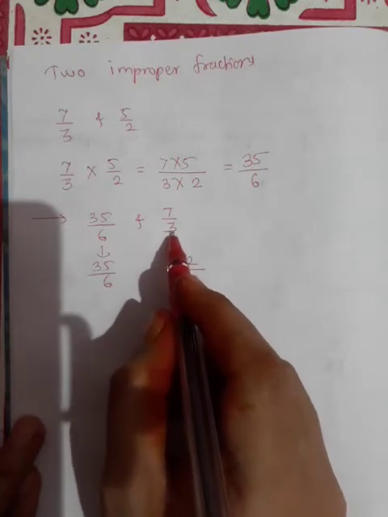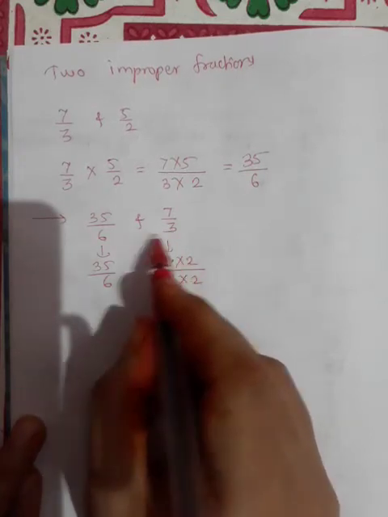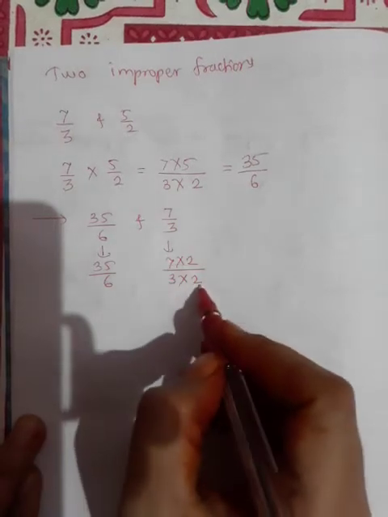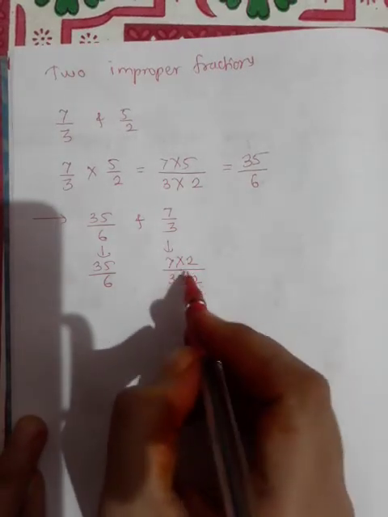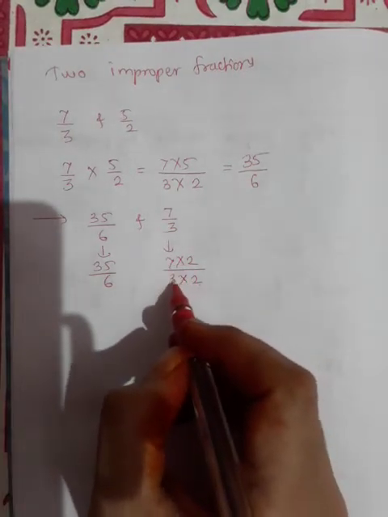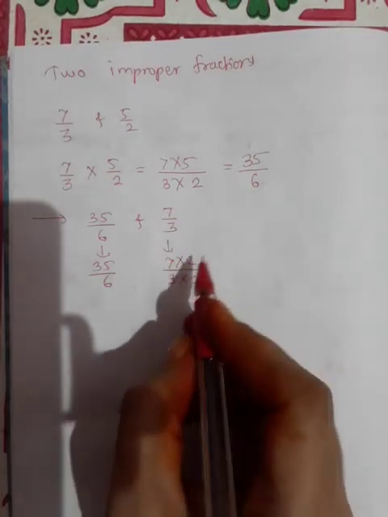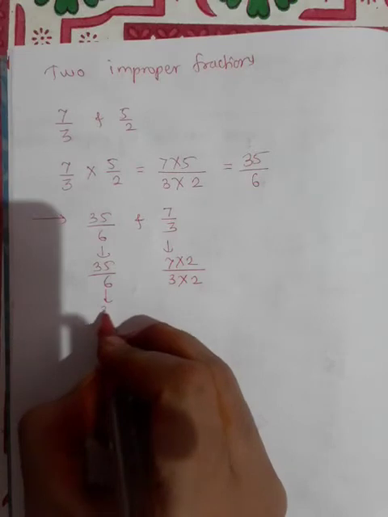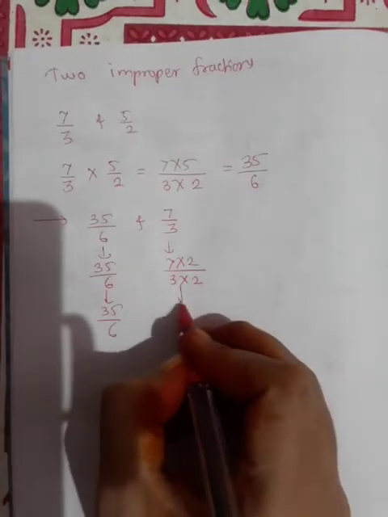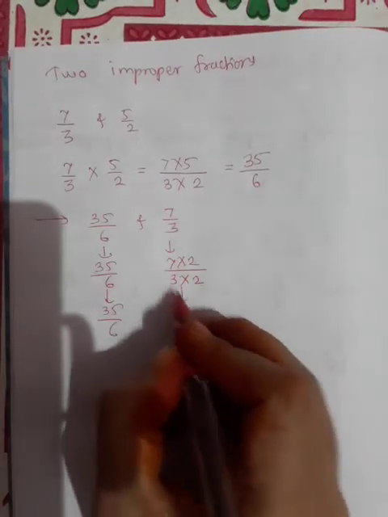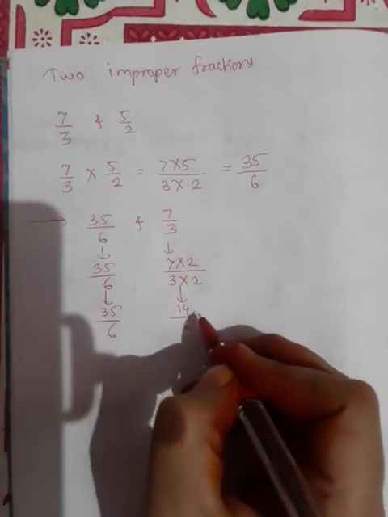So to make the denominator 6, we have to multiply this denominator by 2. As we multiply the denominator by 2, we also have to multiply the numerator by 2. So this is 35 by 6, and this is 14 upon 6.